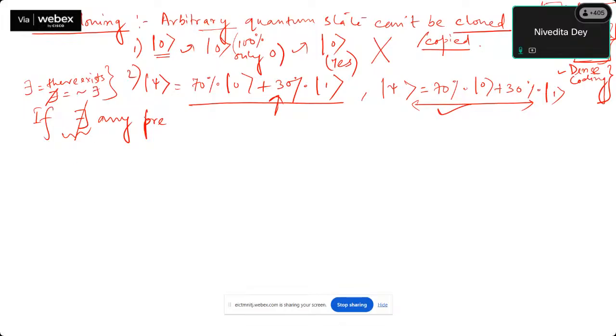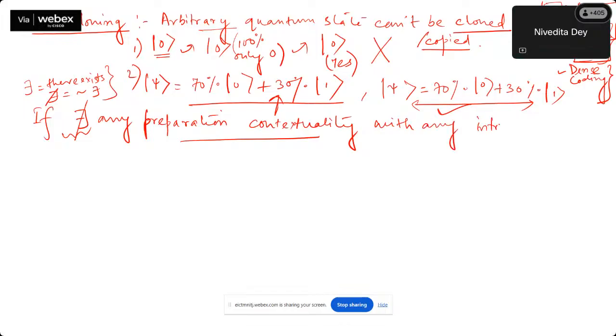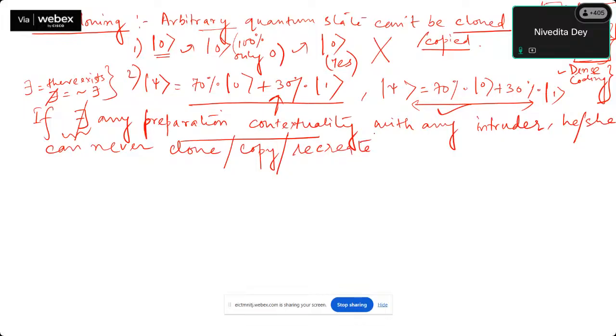So if there does not exist any preparation contextuality, with someone who understands the context of when it was prepared, any intruder, he or she can never clone, copy or recreate the original arbitrary quantum state.